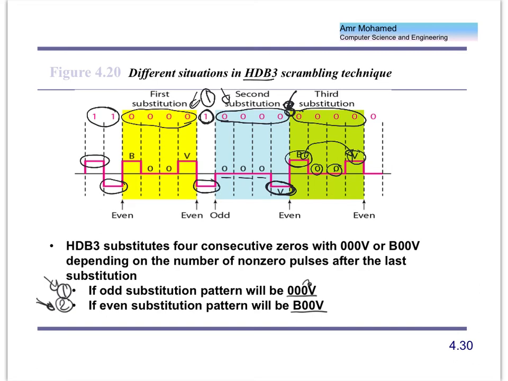So violate always means that the voltage level will be the same as the non-zero voltage before it. If it's positive, violate is positive. If it's negative, violate is also negative.